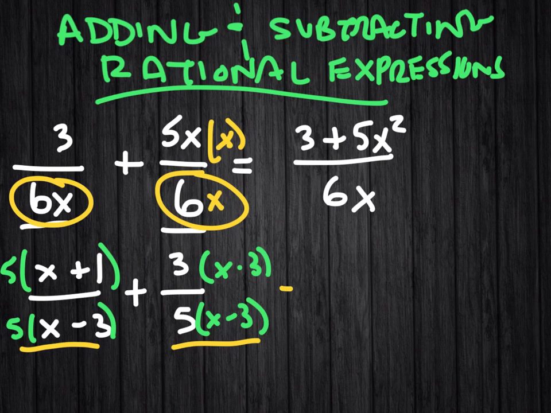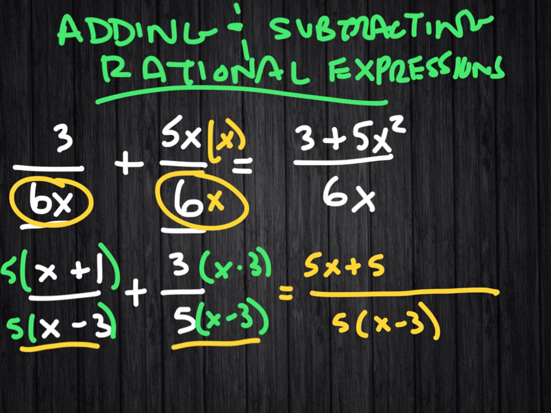And so we would just keep doing the math. So here we would multiply out the 5 times x plus 1, so you get 5x plus 5. And then, again, this is all over 5 times x minus 3. And then we would do this distribution here, and we would get 3x minus 9.